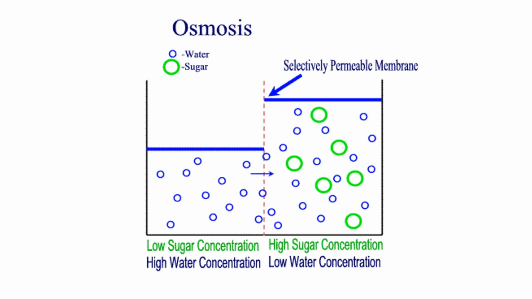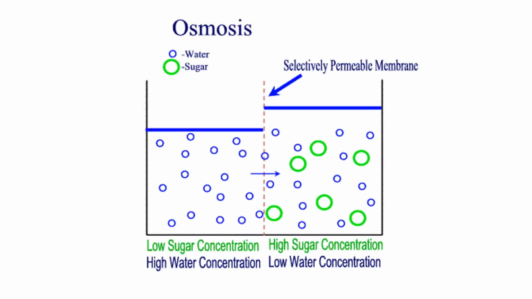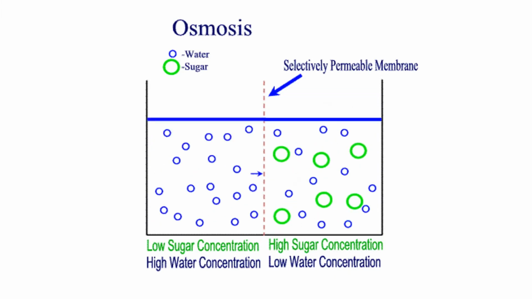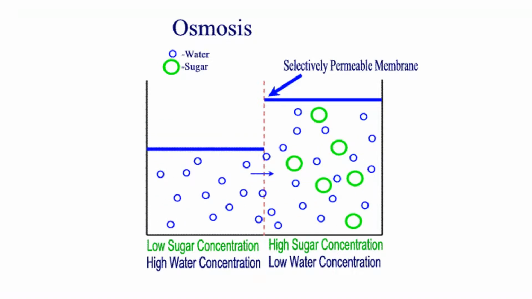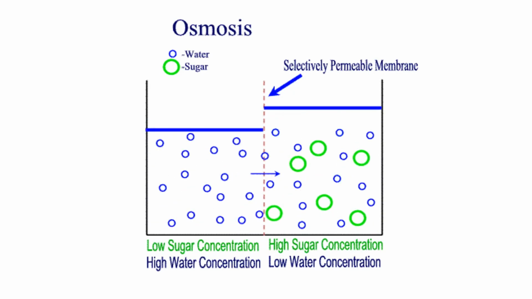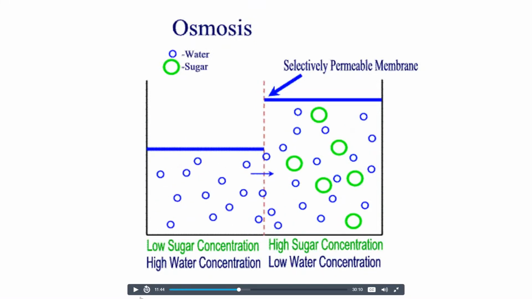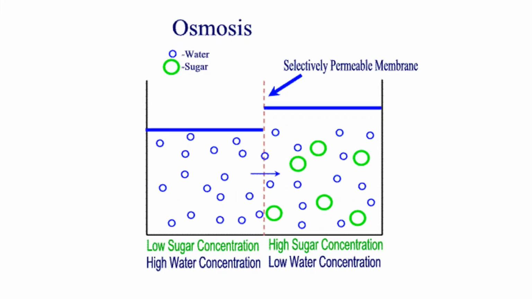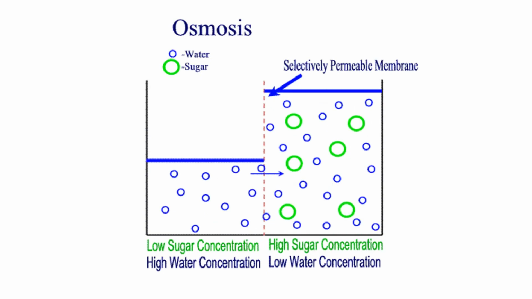In this moving cartoon, you can see that on the left and right side we have different concentrations of these green large sugar molecules, and water molecules will move from one side to the other side. So this shows the movement of water, osmosis, with a selectively permeable membrane, from the area of high concentration of free water to the area of low concentration of free water until equilibrium is achieved.